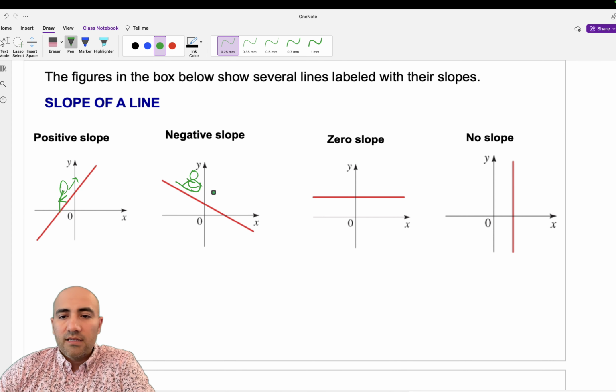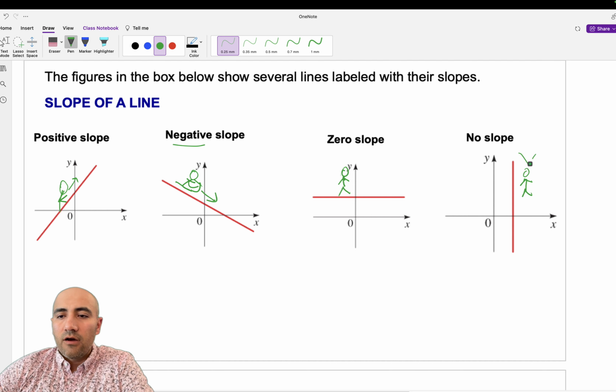That's the extent of my art skills. So bobsledding downhill, then we know it's negative. If it's flat horizontal, if a little stick person is just standing on flat ground, then it's a zero slope. And then no slope. There's nowhere for this little stick person to stand.